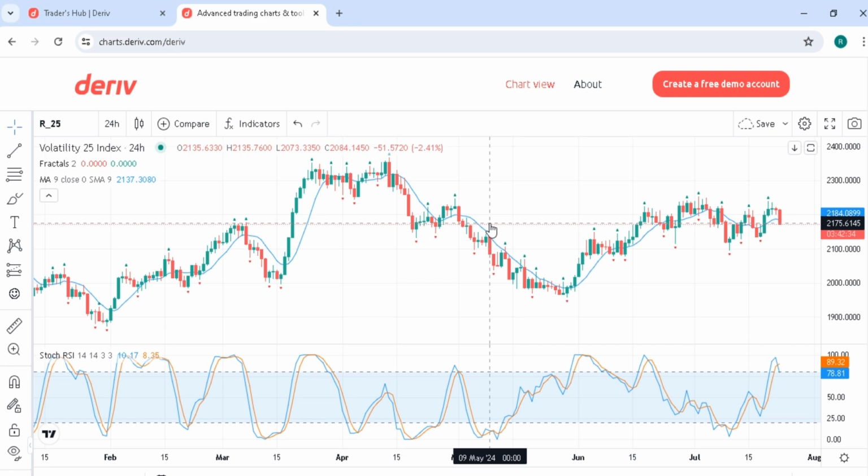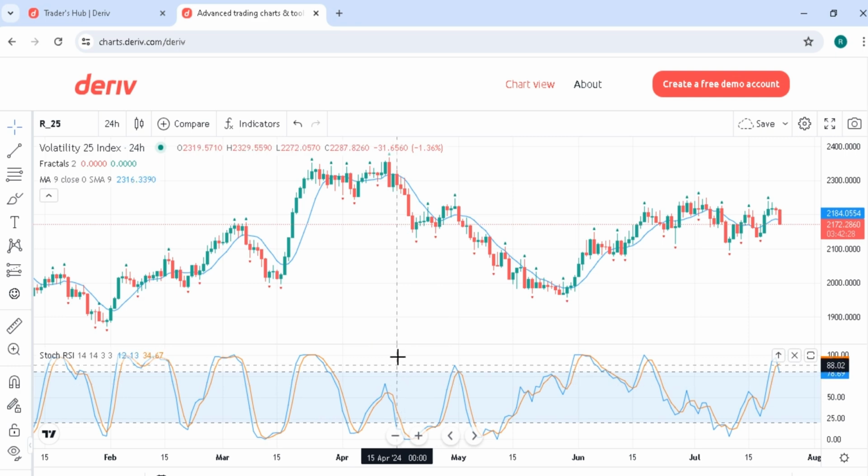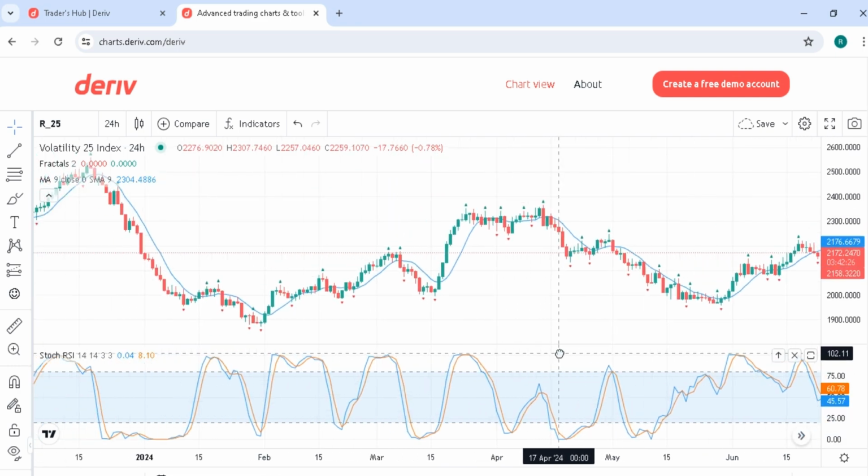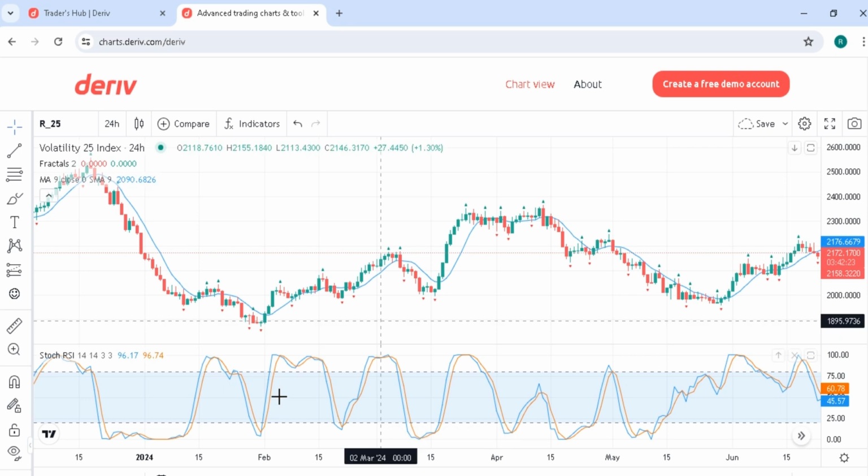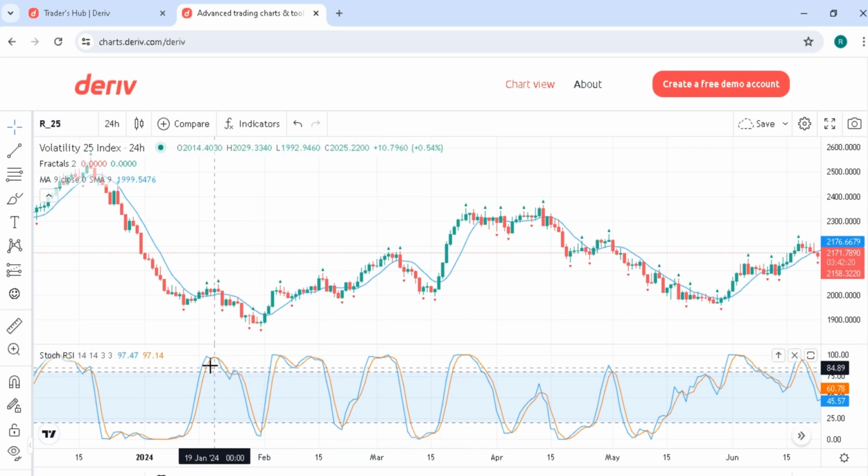Now the first thing we said as touching the stochastic RSI is that for this indicator we take trends at the turning points. So it has 2 lines. It has 3 parts: the overbought area, that is the upper part; the oversold area, which is the lower part; and the ocean, the bluish part.